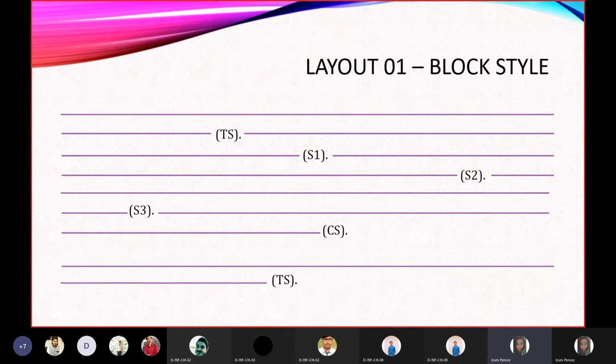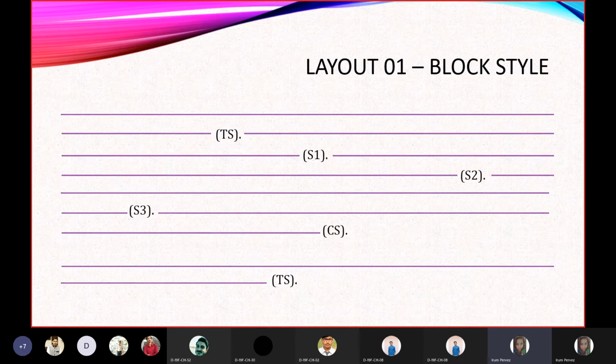So the first sentence is the topic sentence. Then we have supporting sentence one, supporting sentence two, supporting sentence three, and in the last one we have the concluding sentence. So this is just one paragraph in block style. In block style, when we start the second paragraph, we leave one line space and then we start the topic sentence from the most left, right?